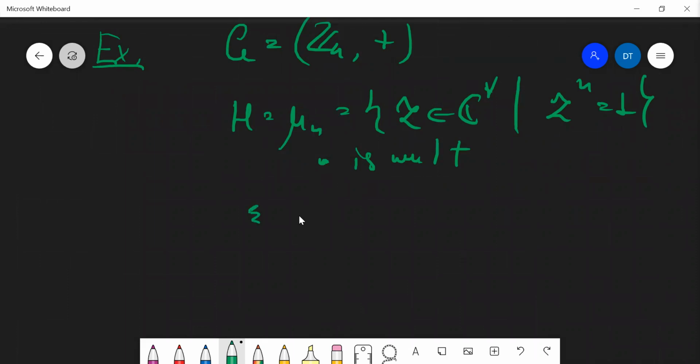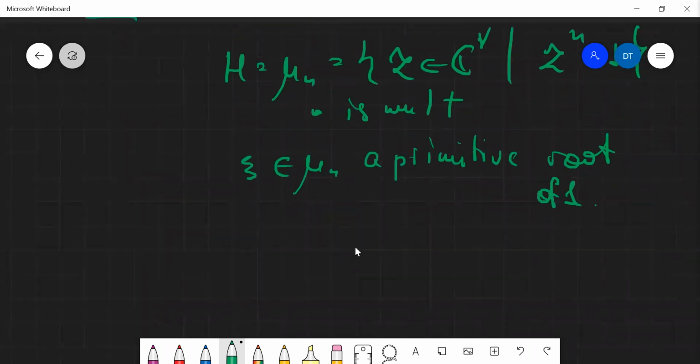Let's take psi in mu_n to be a primitive root of unity of degree n, a primitive n-th root of 1. Then we may consider a map which takes any remainder k to the kth power of psi. First of all, because psi is a primitive root, this map is a bijection.